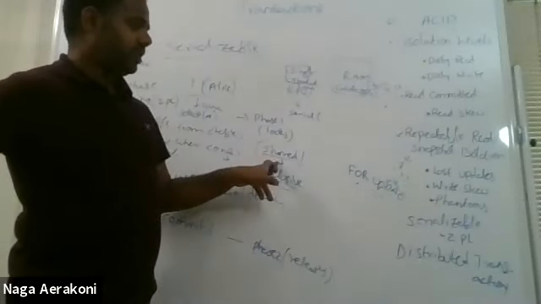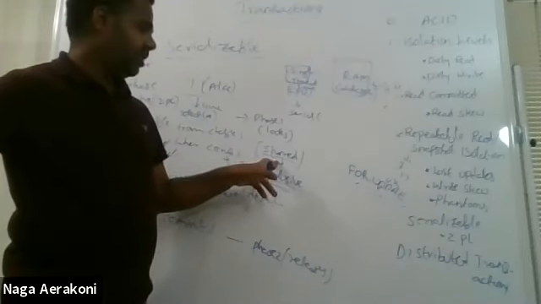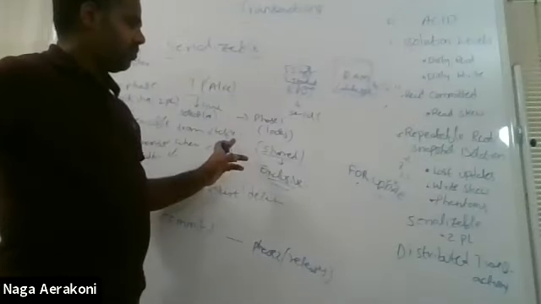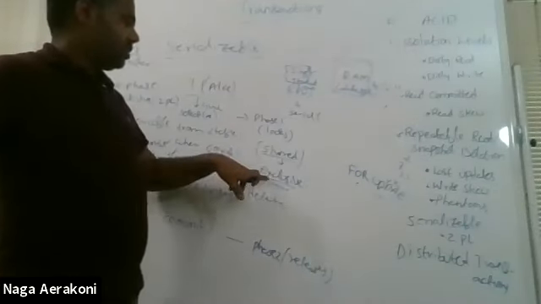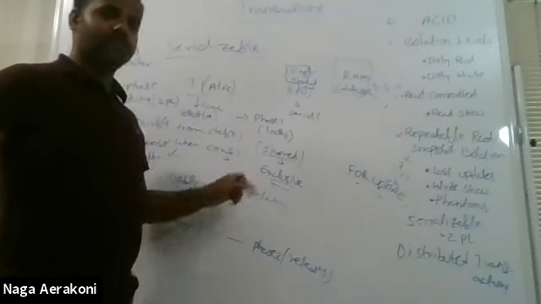Though you are doing read only, if you have multiple parallel read-only transactions, they will all be in shared mode. But the moment any transaction wants to update, it needs to go to exclusive mode. And at any point, only one transaction can hold an exclusive lock.